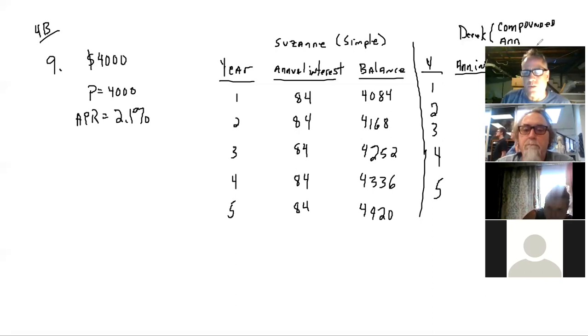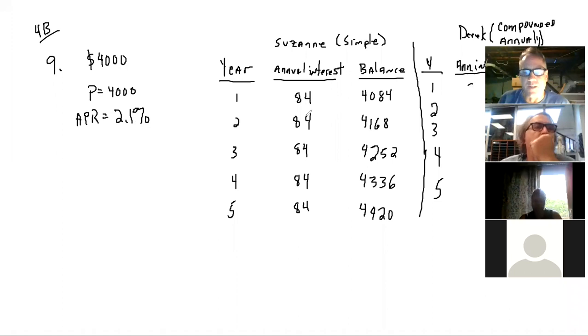So remember, year 1 is going to look the same because the interest rate is the same. So for 1 year, it's 4,000 times 0.021. So it's $84 added on. But when you calculate the next year, remember, it's not that flat rate, keep adding 84.